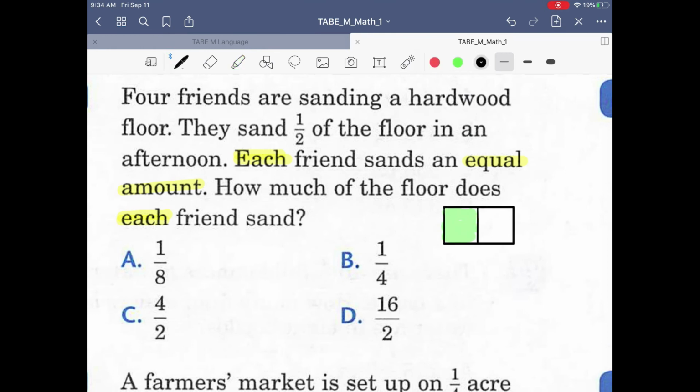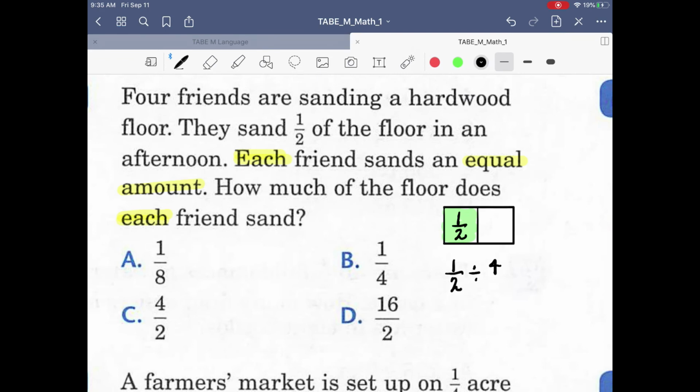And there were 4 of them. So we have half of the floor and 4 friends. So we're taking that 1/2 and we're dividing that into 4 equal shares, equal amounts. So you have a fraction divided by a whole number.